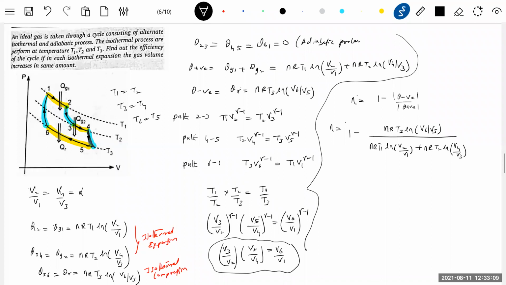T1 equal to T2, so this will be T3 log of V6 by V5 by T1 log of V2 by V1 plus T2 log of V4 by V3.